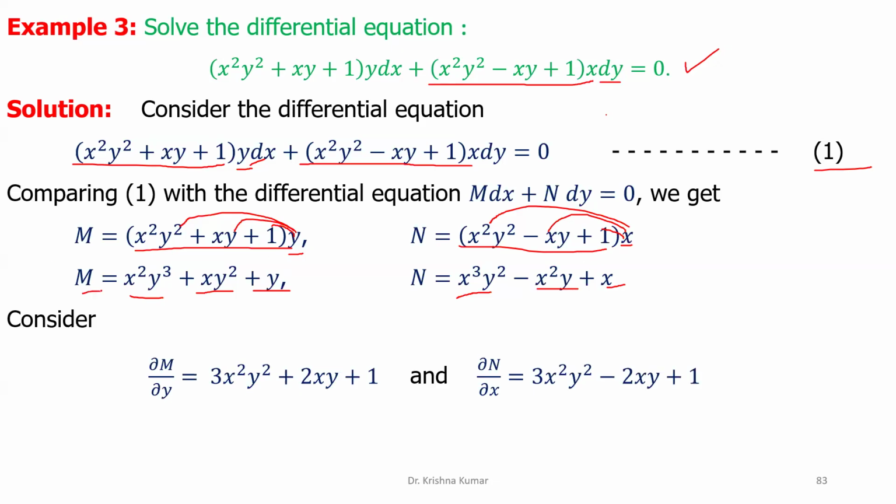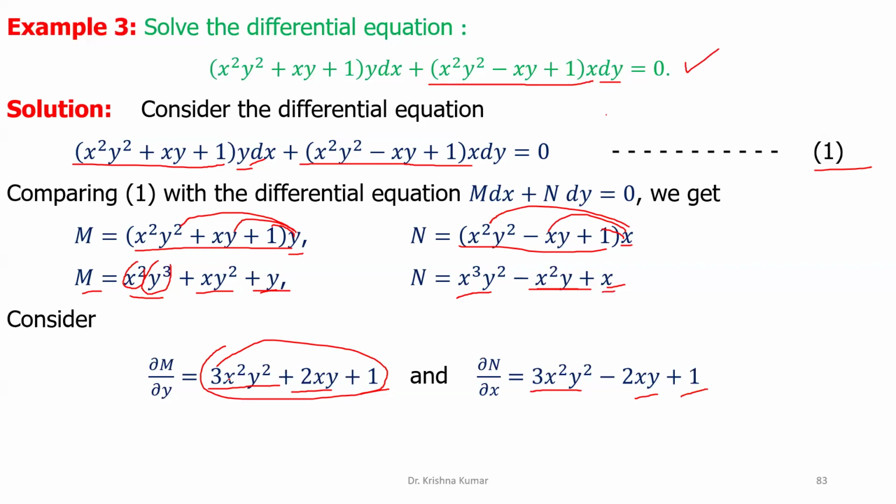The partial derivative of M with respect to y: x² is constant, the derivative of y³ is 3x²y², plus 2xy, plus the derivative of y, which is 1. So this is ∂M/∂y. Similarly, the derivative of N with respect to x is 3x²y² − 2xy + 1.